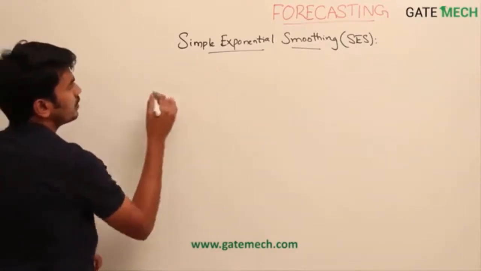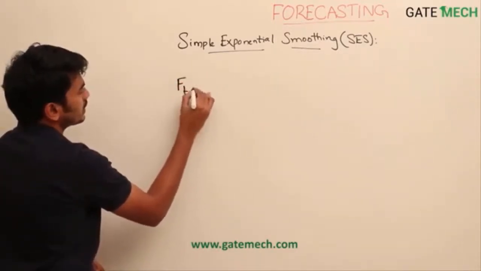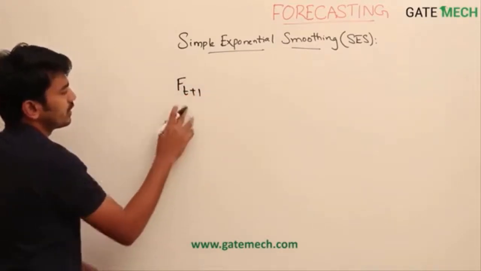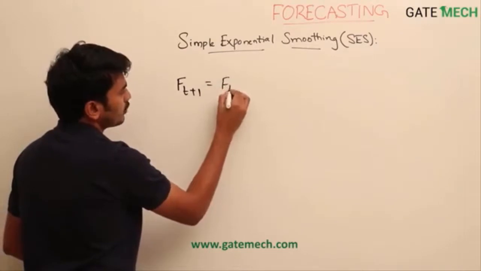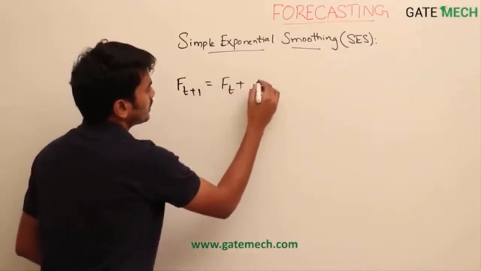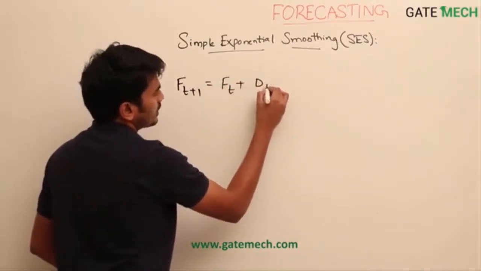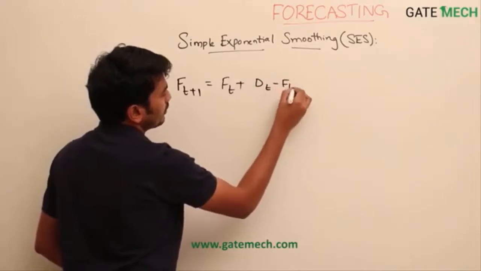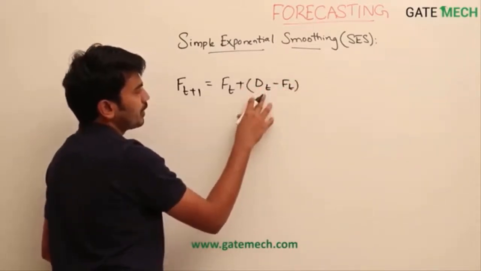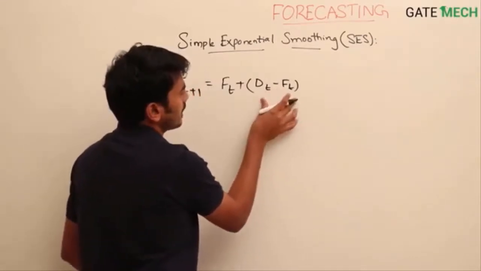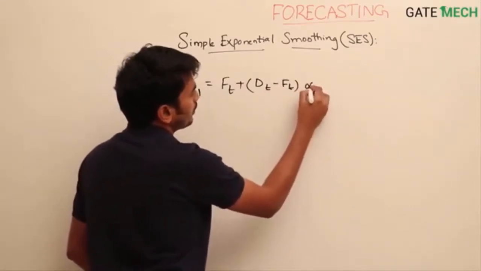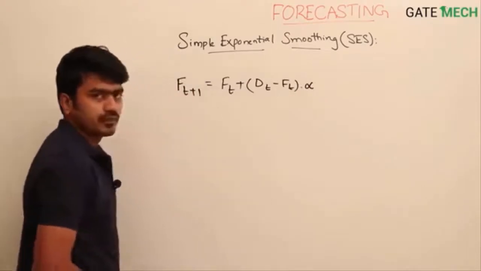So the expression for simple exponential smoothing is like this. The forecast for the next period t plus 1 is the current forecast plus the error. The error is calculated as dt minus ft, the demand in current period t minus the forecast in current period t, which gives us the error, multiplied by a smoothing constant.